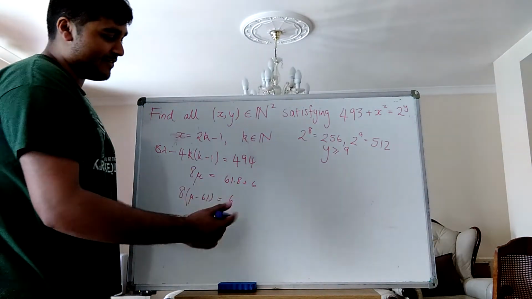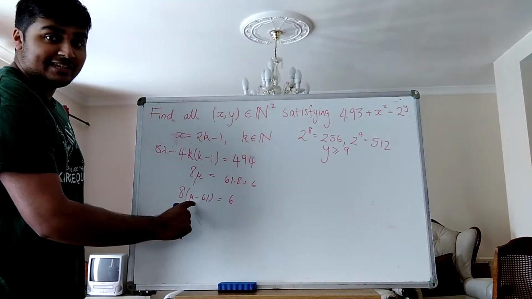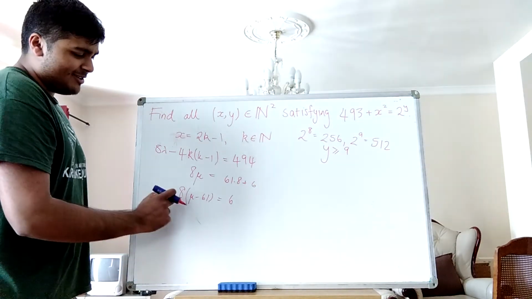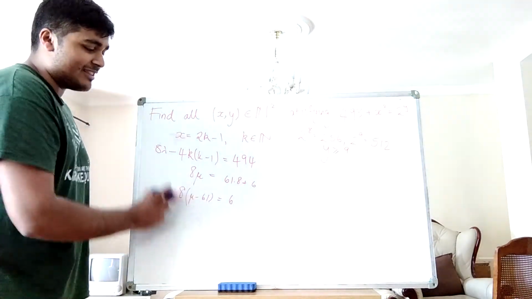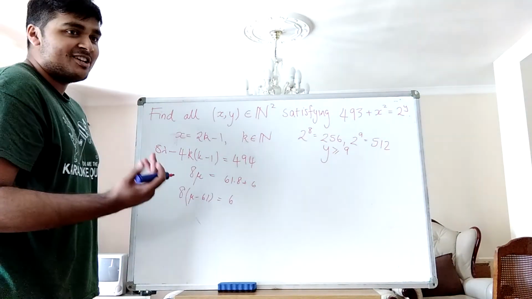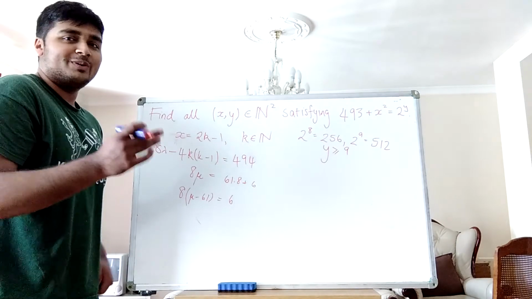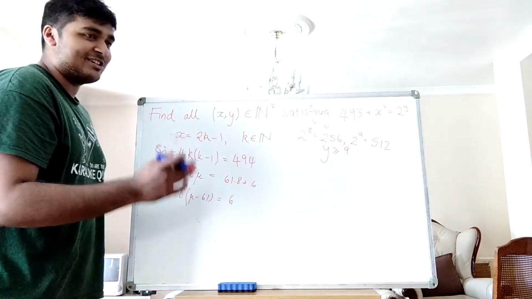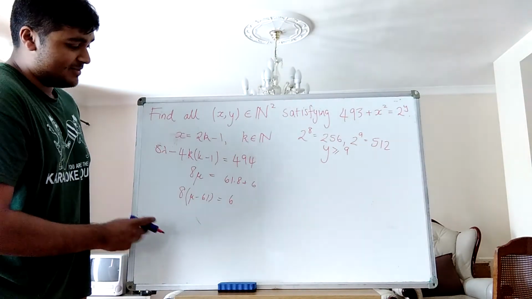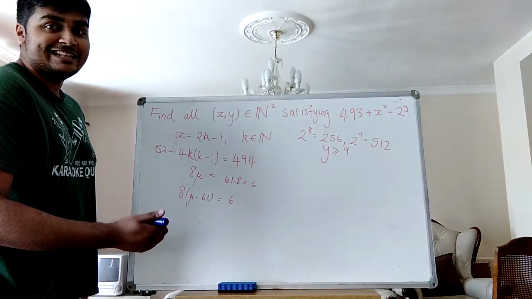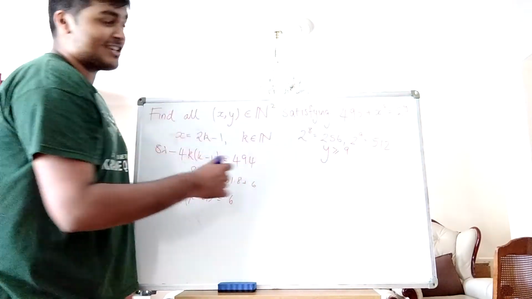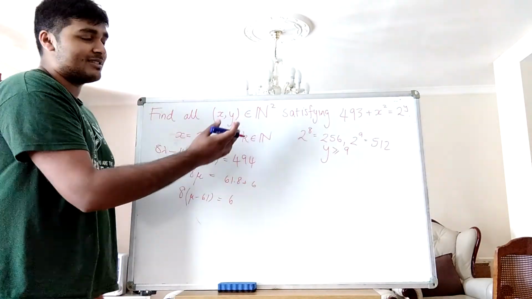And here's where we arrive at the contradiction, because mu minus 61 is an integer. On the left-hand side I've got 8 times an integer, so a multiple of 8, but the right-hand side is 6. So I've got 6 equals a multiple of 8, which is a contradiction, because you can't divide 6 by 8. So we've arrived at a contradiction, which means that this equation actually has no solutions in the positive integers.